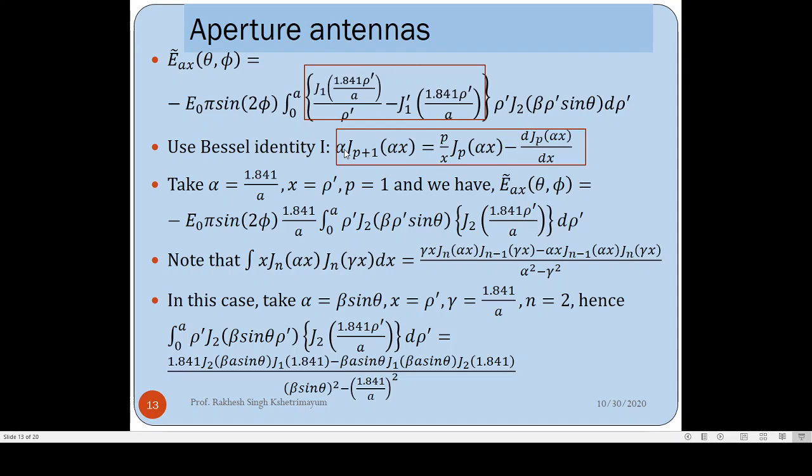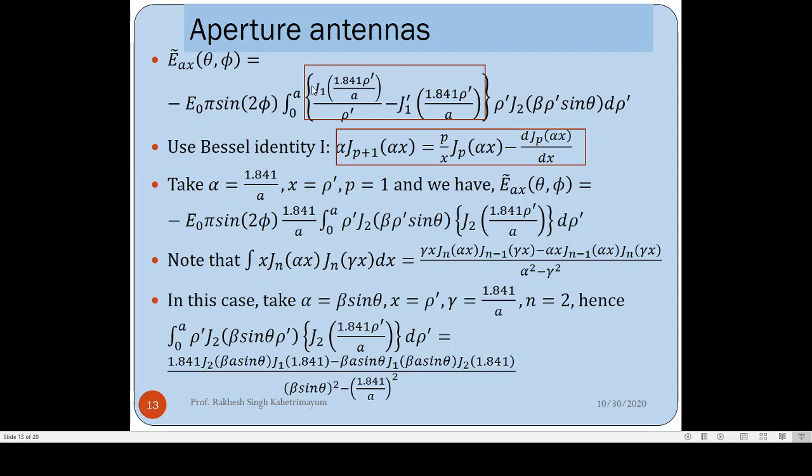What is alpha? Alpha is 1.841 by a, J_(p+1), p is 1, so J2. Alpha is 1.841 divided by a, rho dash is x. So this term here inside the second bracket multiplied with this will be equal to this term here, without doing the integration. This doesn't have any integration.